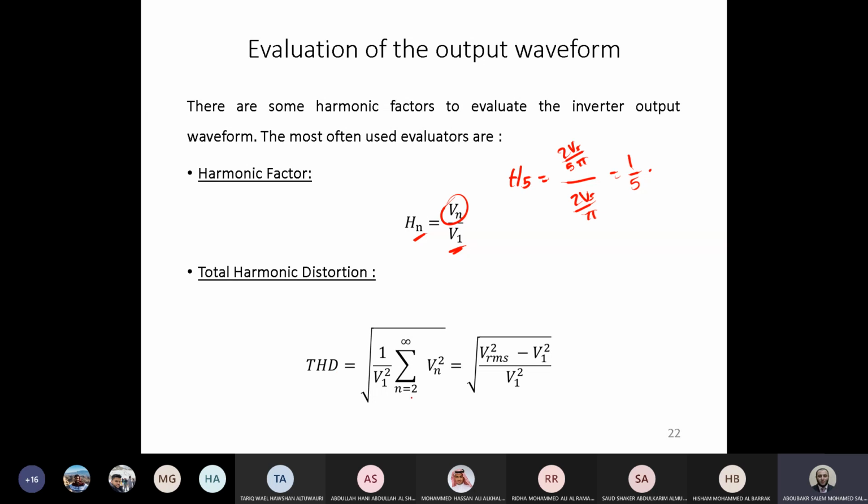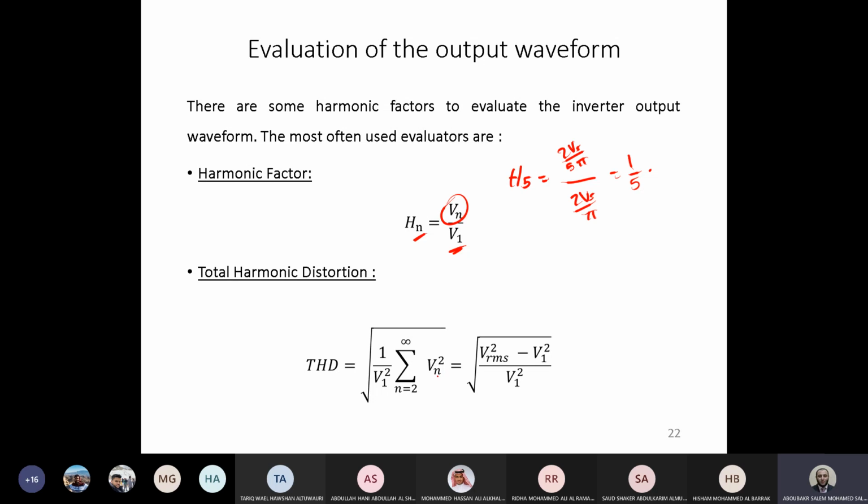So it's a summation, and instead of having only Vn over V1, it will be a summation of Vn from n equals 2 to infinity. Actually, we will not start from n equals 2 because even harmonics will not be there. Even harmonics will be 0 for all of time. So we can start with n equals 3, 5, and so on.